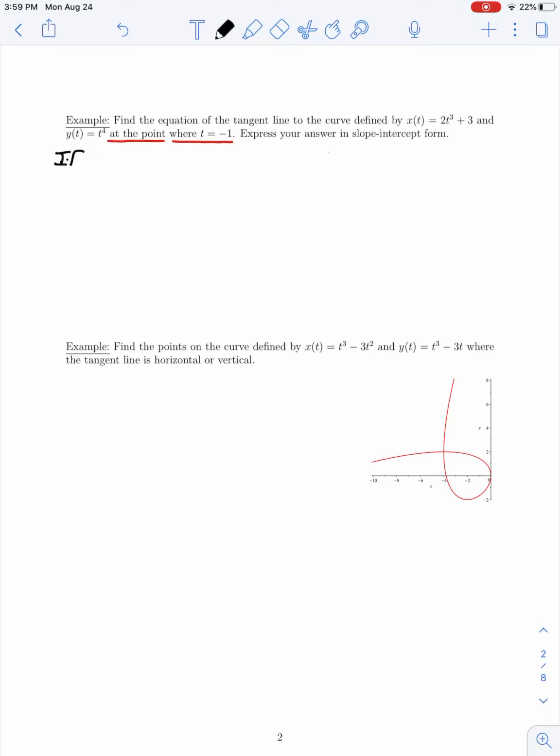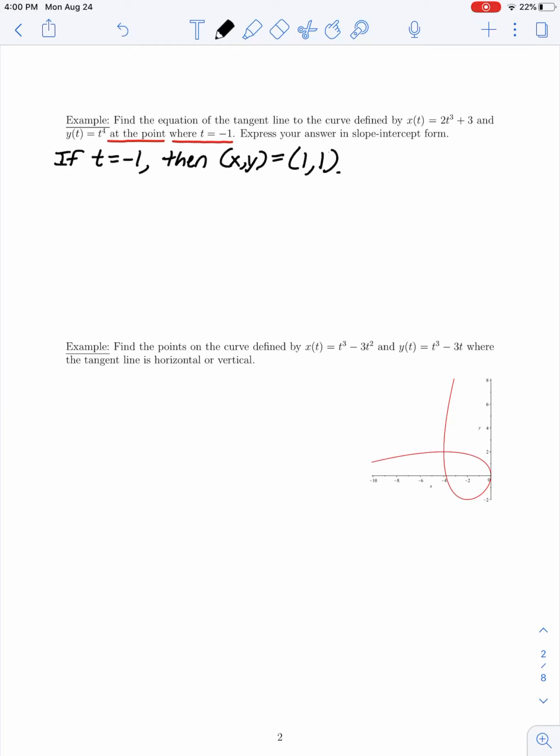So if t is equal to -1, then the point of interest on our curve is the point (x, y), where x would be -2 plus 3, so +1, and y would be t to the 4th, so (-1) to the 4th is +1. So our tangent line will pass through this point, (1, 1).